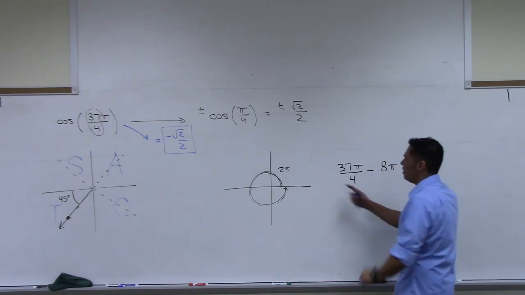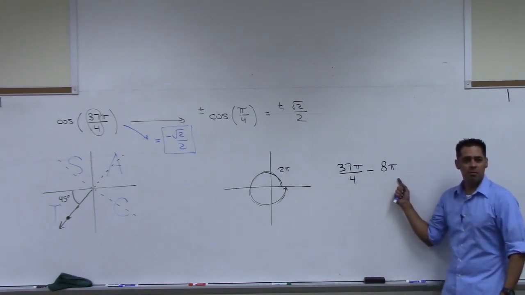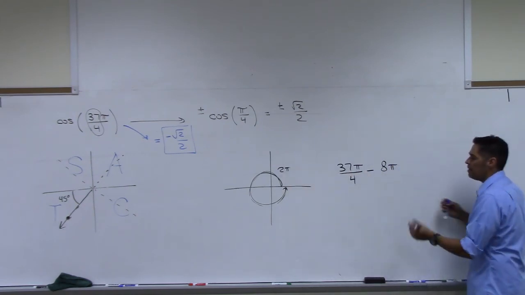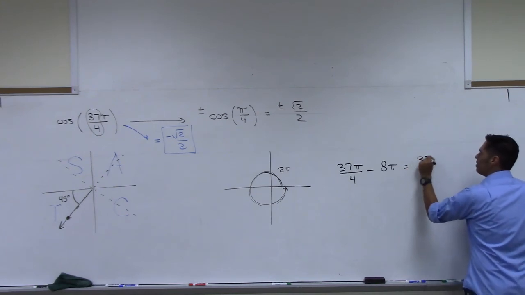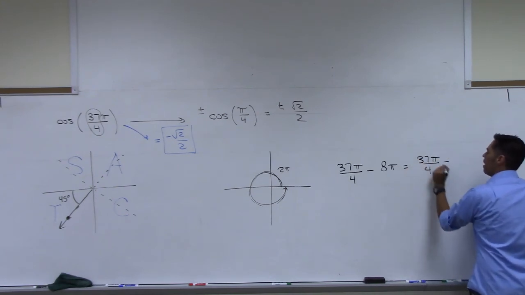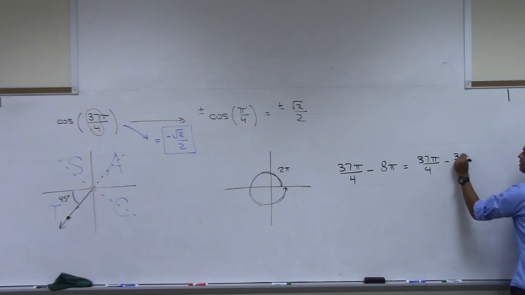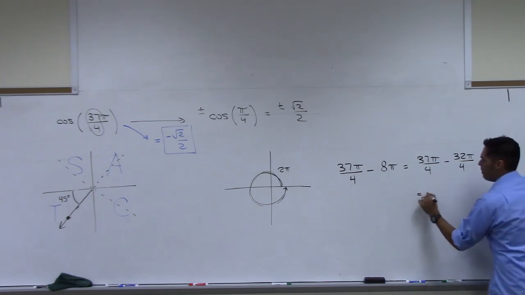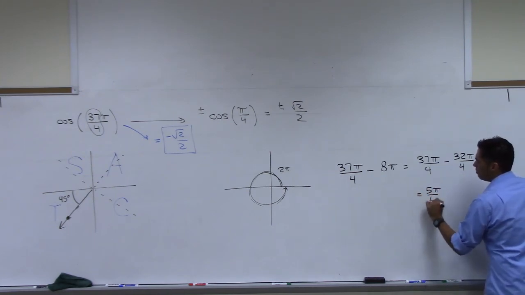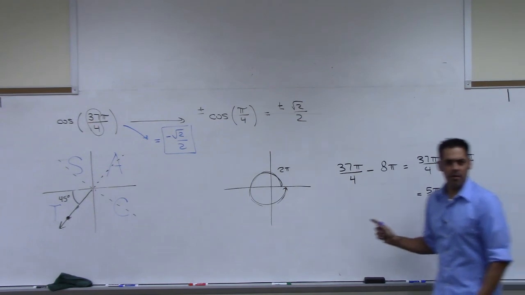I'm doing 8 because 8 is a multiple of 2. And you have to get a common denominator here. 37 pi over 4 minus 32 pi over 4. Agree? And then what does that leave you with? 5 pi over 4. And this right here should be an angle that you're familiar with.